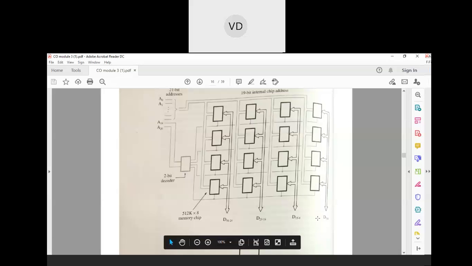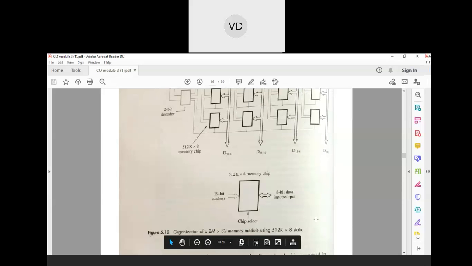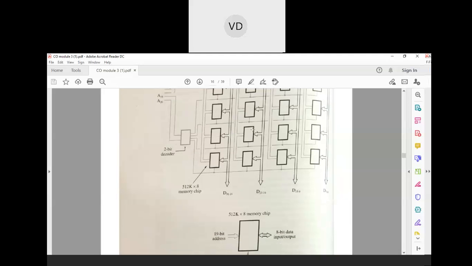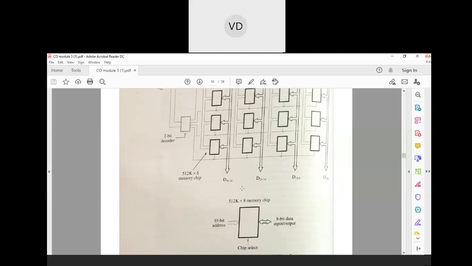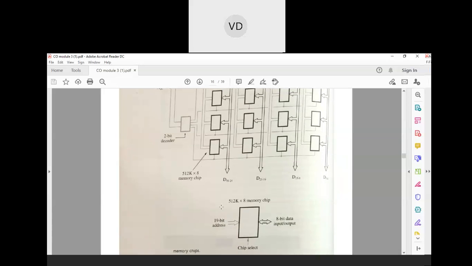Everything else is the same. The working procedure for static and dynamic is all the same. The same thing is happening, but we just have a scale up here, meaning it is for larger memories. I told you a 19-bit address is given, and the remaining 2 bits are used for selecting which column.